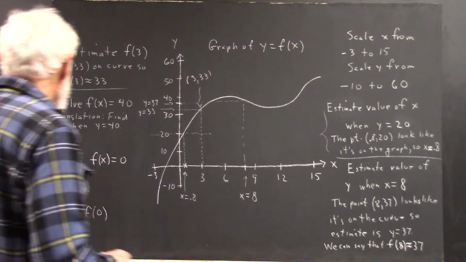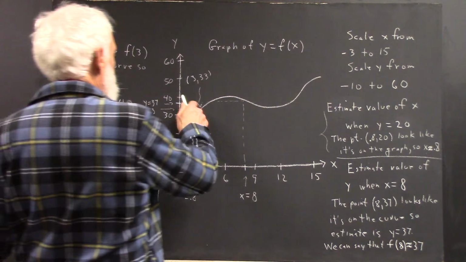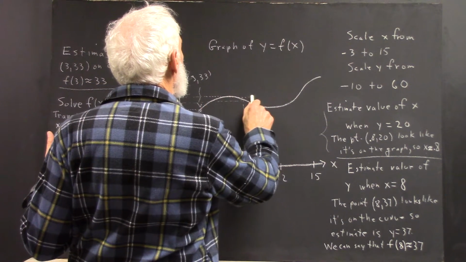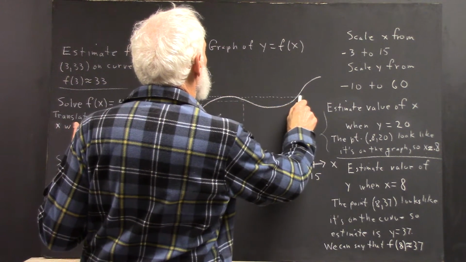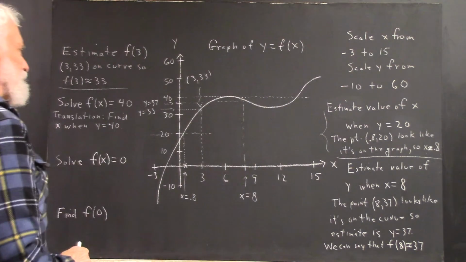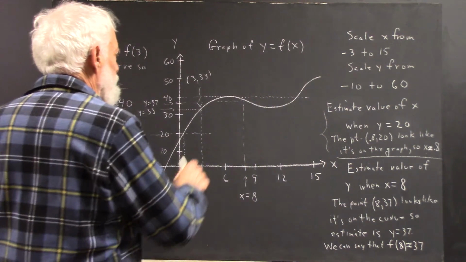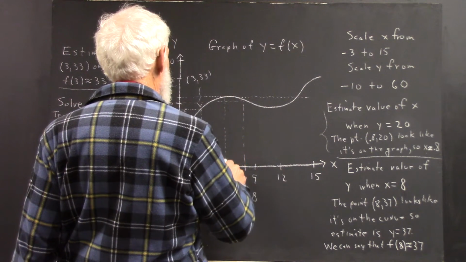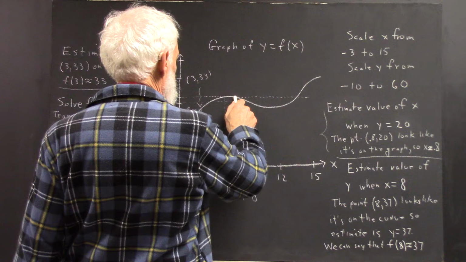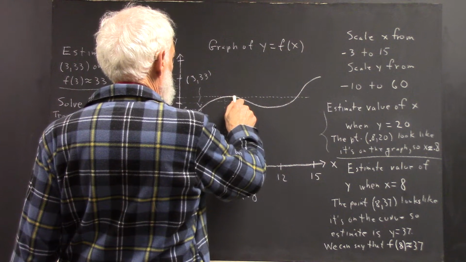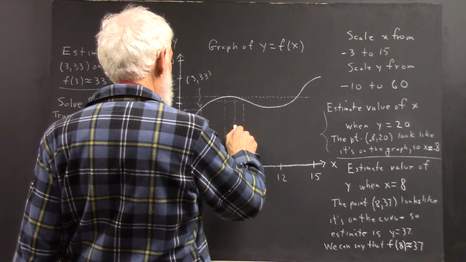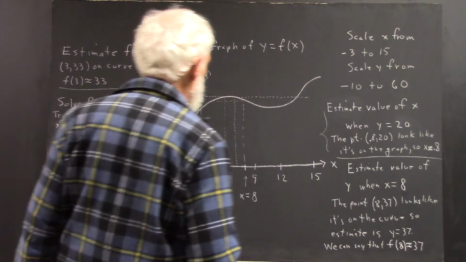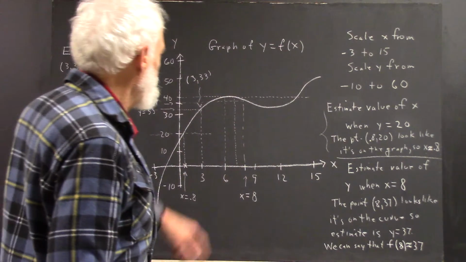So we find x when y is 40. Y is 40 everywhere on this horizontal line. It looks like we intersect the curve here, and that turns out to be pretty close to 6. Then we appear to intersect it about here, which appears to be, let's say, about 7.3.